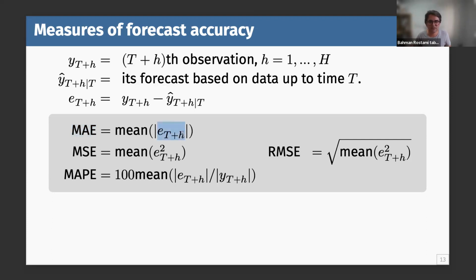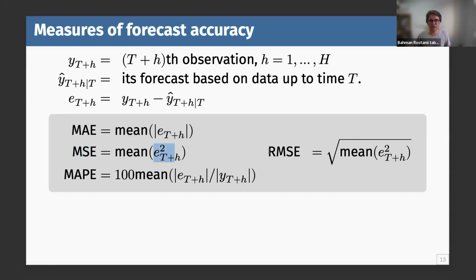This is the error that we calculate for different periods. Each error measure for the point forecast accuracy takes the error and summarizes it somehow. So this is mean absolute error: it takes the average of the absolute errors. The mean square error takes the errors, squares them, and then takes an average.